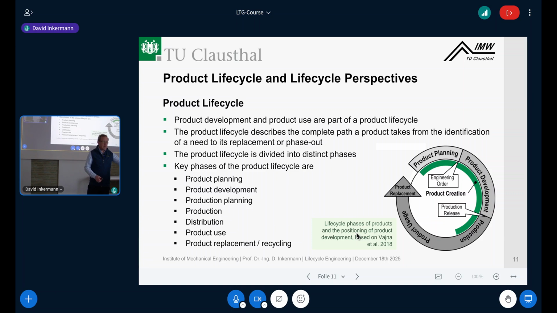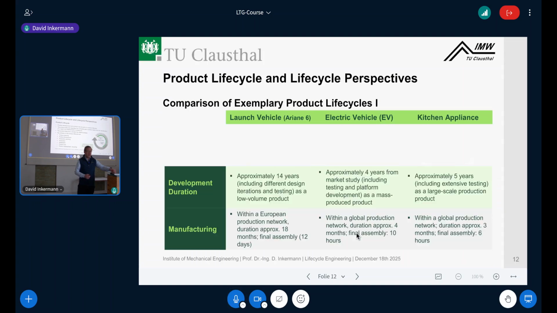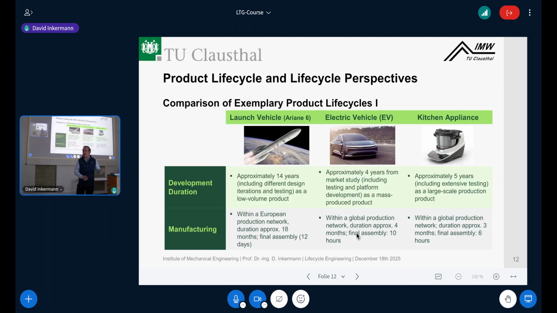And maybe we should discuss why there's not one specific life cycle model, and I just brought 3 examples to discuss that. So here you can see different products, I would call them.